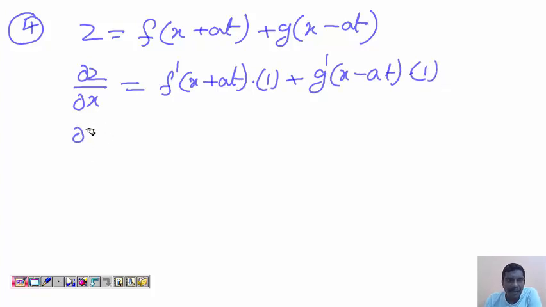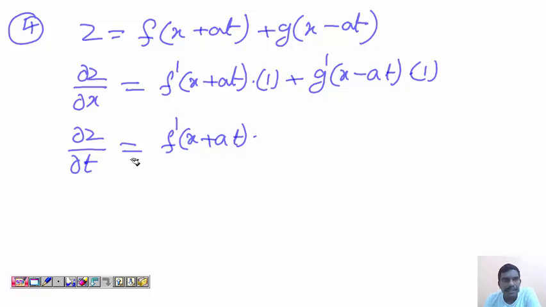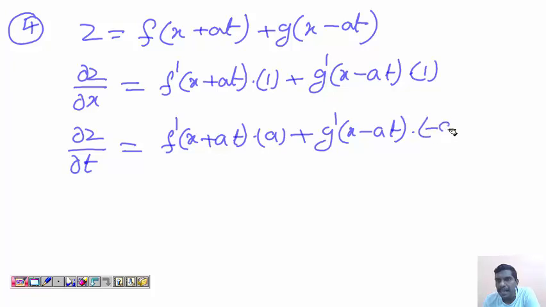Same way you differentiate with respect to t. This is dou z by dou t, which is nothing but a f dash of (x plus at) into differentiation with respect to t means this is a, plus g dash of (x minus at) into it is minus a.